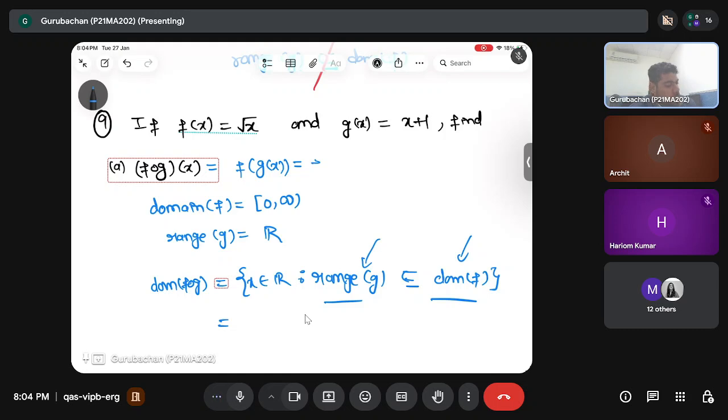What is g of x? When g is applied at x, what will g of x give you? I don't want just the answer, I want you to explain the steps. What is g of x? x plus 1, correct?